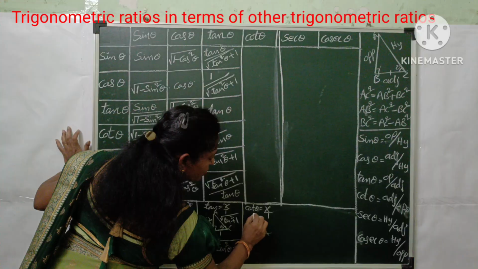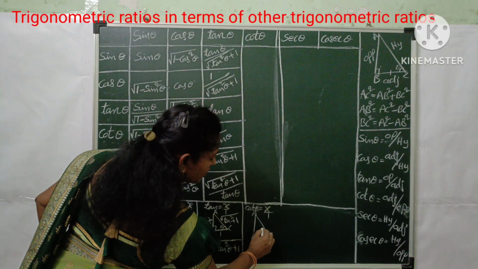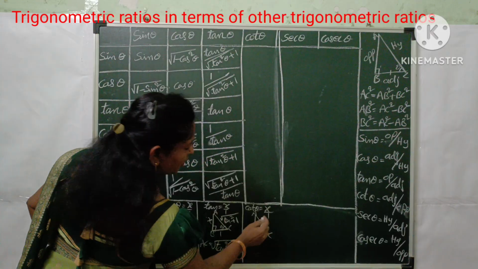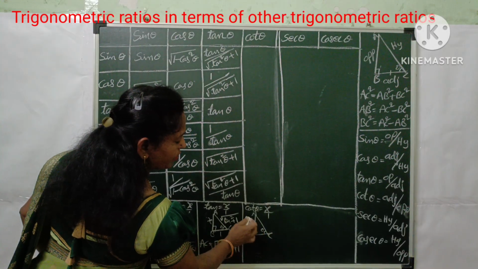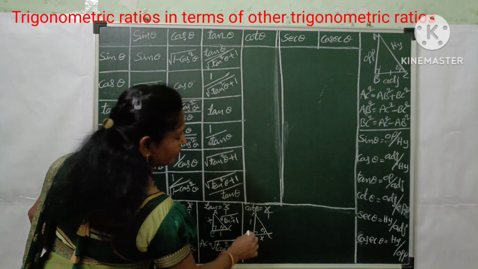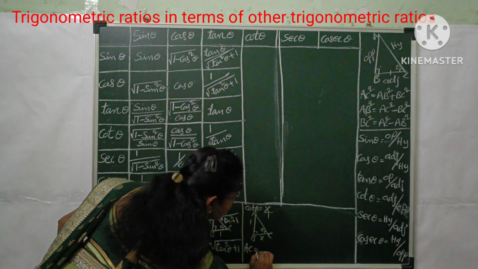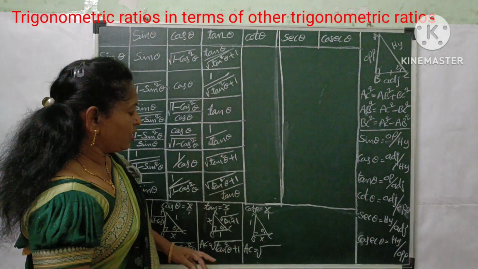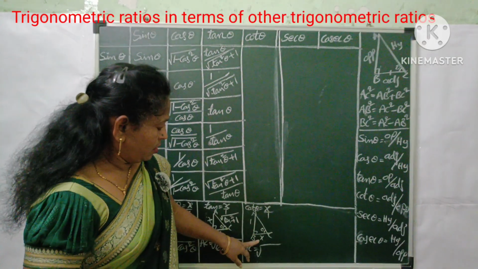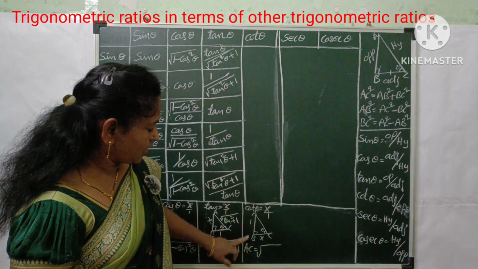You have to write the ratio also. A, B, C. Here it is theta. Next, cot theta means adjacent by opposite. Adjacent is x and opposite is 1. We need to find AC. So AC equal to square root of, what is that? Here adjacent by opposite. Yes or no?